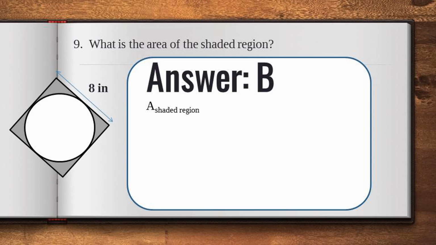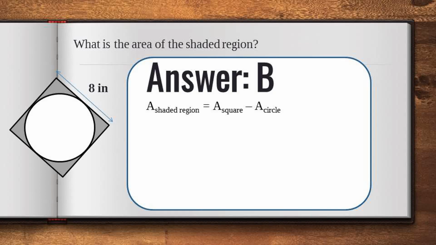To find the area of the shaded region, we need to determine first the area of the square. Then we find the area of the circle. We then subtract the area of the circle from the area of the square. So it's logical, right?